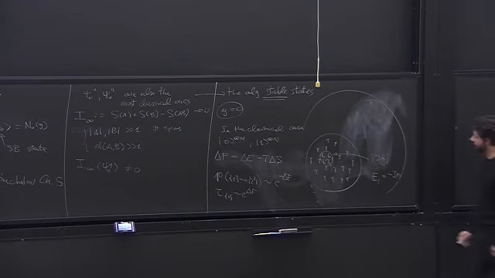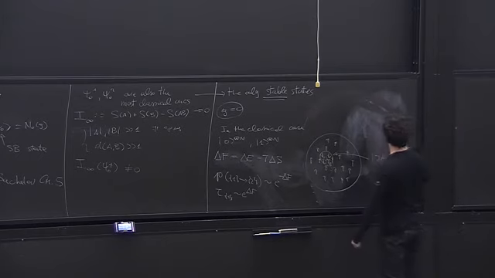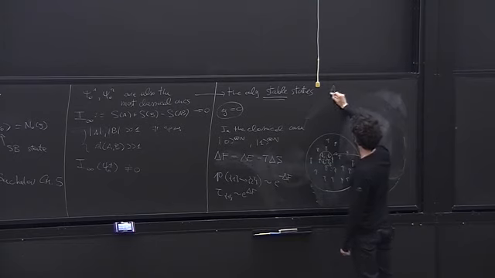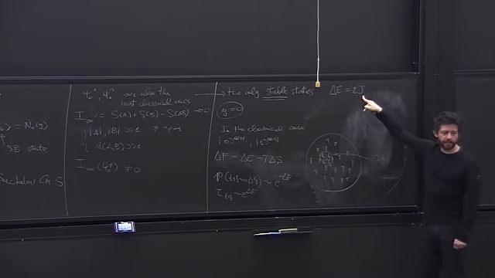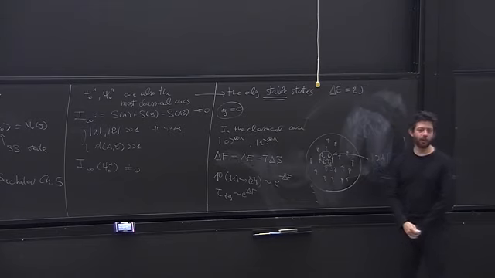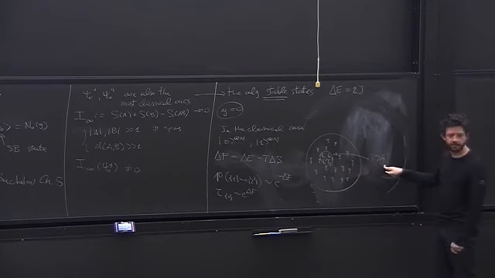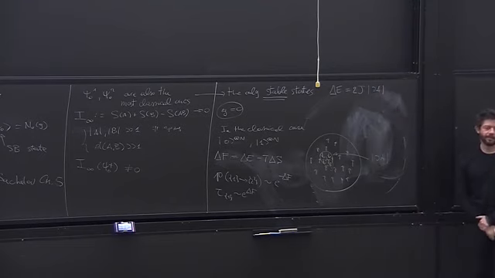So this means that the gap between the two configurations is equal to 2J times the number of pairs that are broken. Let me use this word. And how many pairs are broken? It's a number that goes like this.